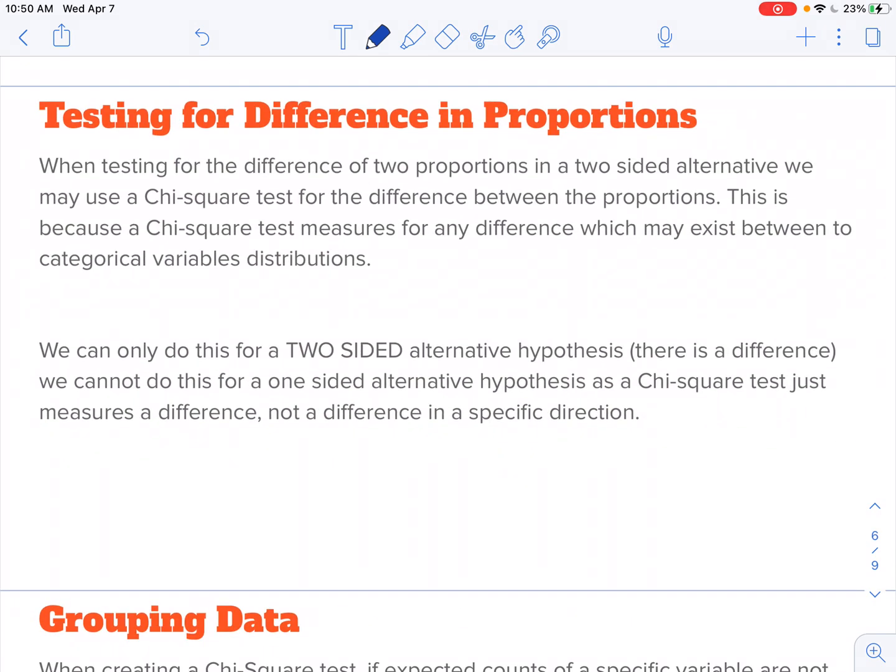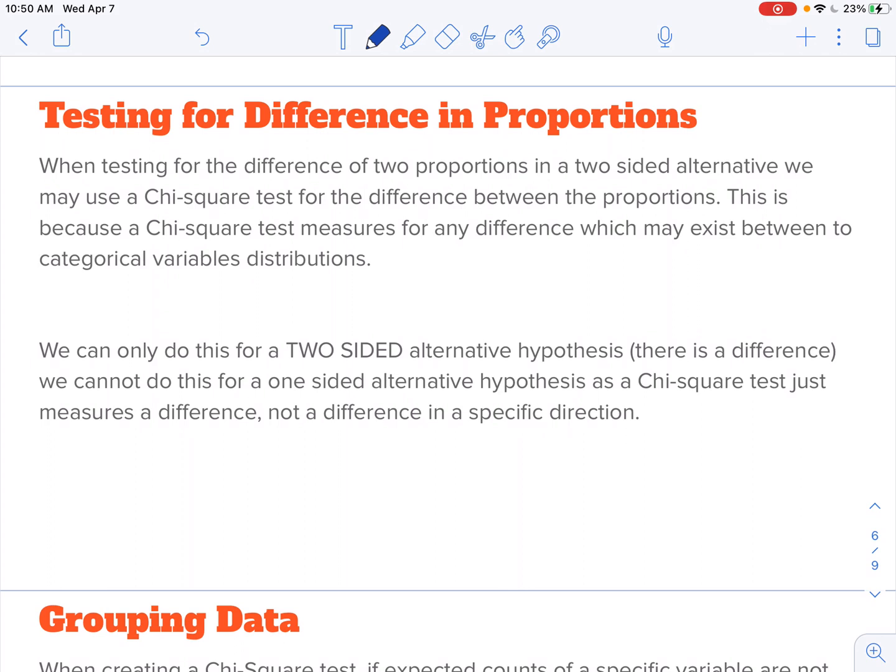Also, when we test for difference in proportions, the chi-square test, when we're looking at whether or not there's independence or an association, if there's a difference in proportion, this is the same thing as a two-sided z-test. So if we're only looking at two categorical variables, the proportion who say yes versus no, we can do the same thing with a two-sided z-test for an interval.